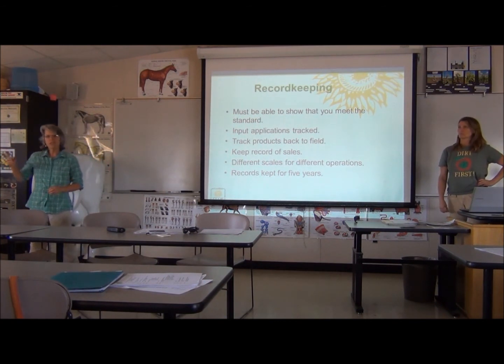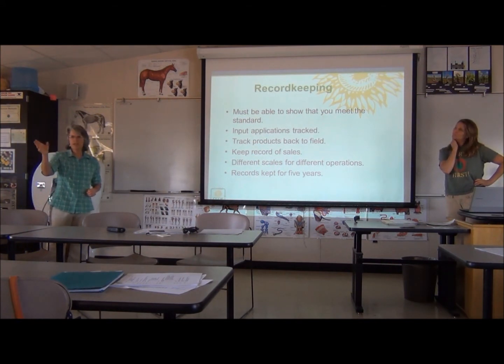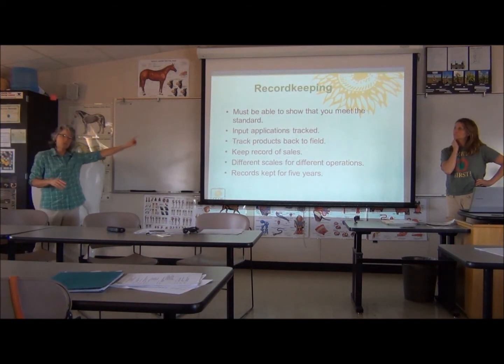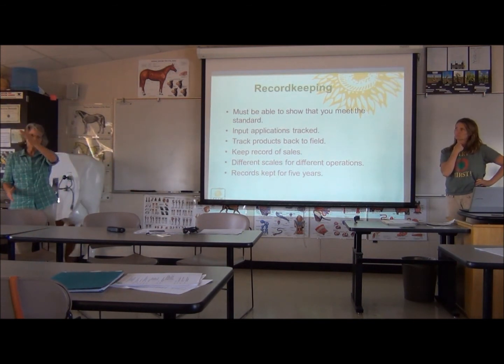The easiest way to think of it is when you go to buy that organic apple or that produce at the farmer's market or at your retail outlet, you can trace that commodity from when it got put on the shelf all the way back to when it got planted and what happened to that soil, or the other way around. So there's got to be a clear audit trail throughout your whole system.